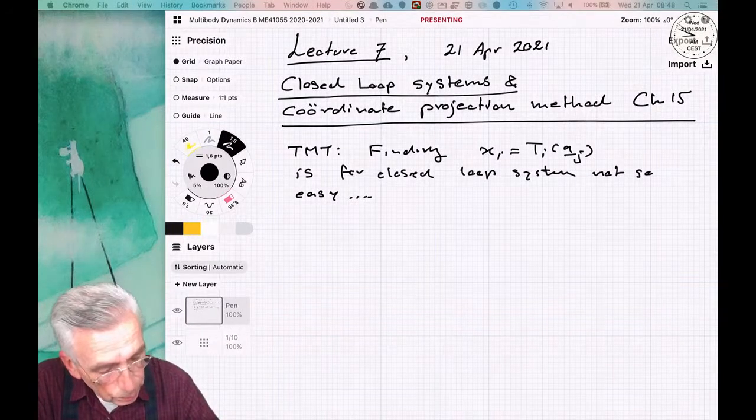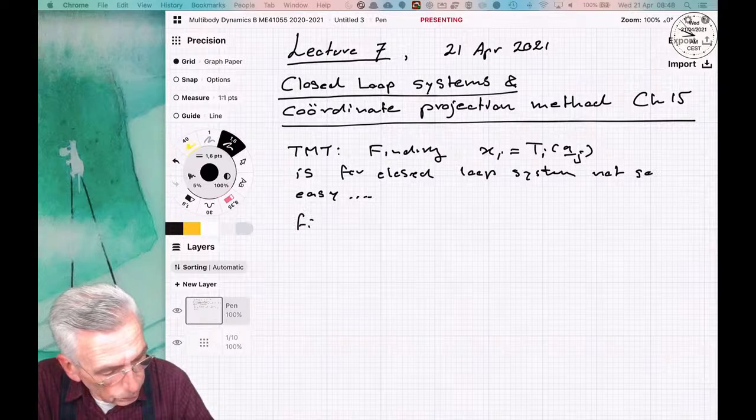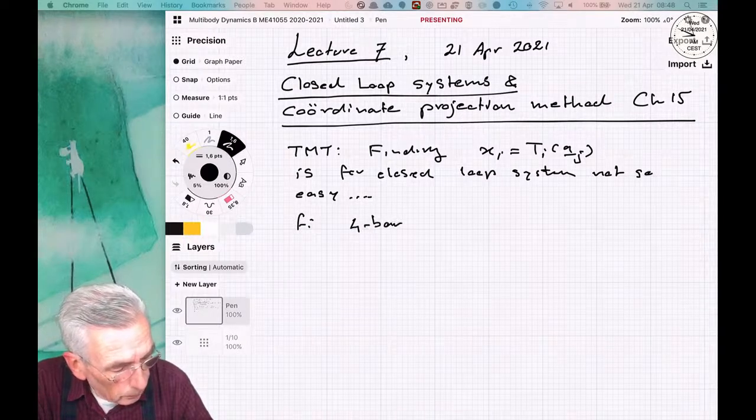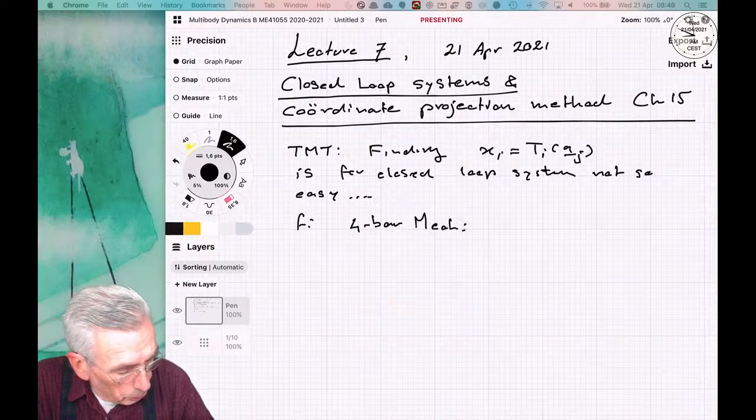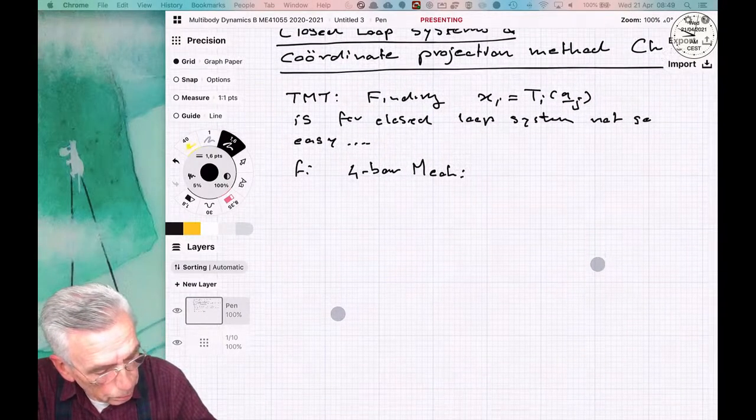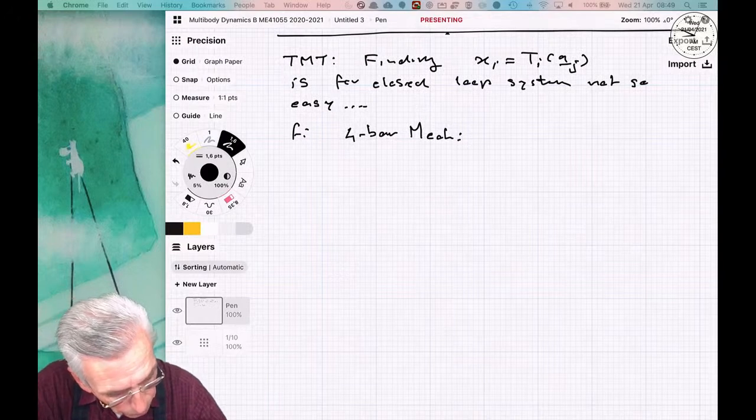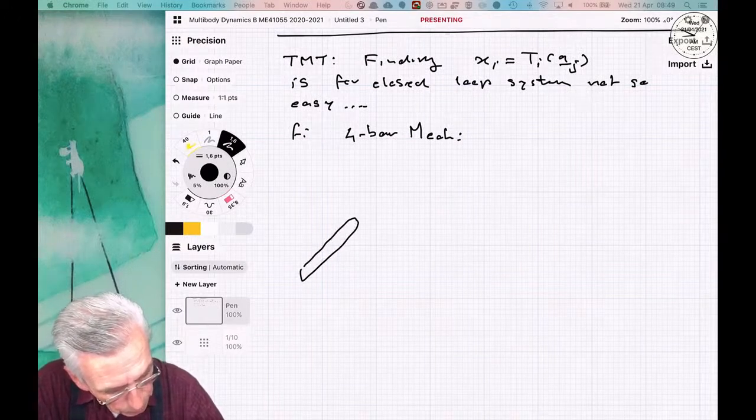So let's take, for instance, this 4-bar mechanism. So what does a 4-bar mechanism look like? Well, we have 4 bars, of course. This is one.